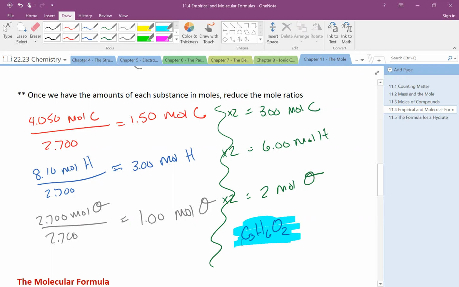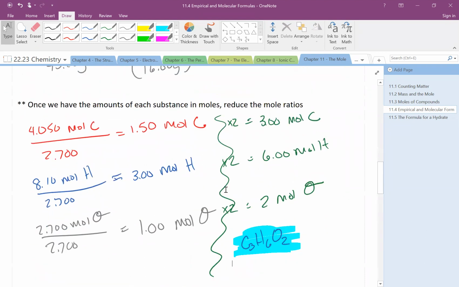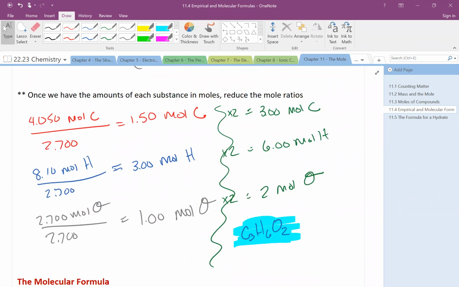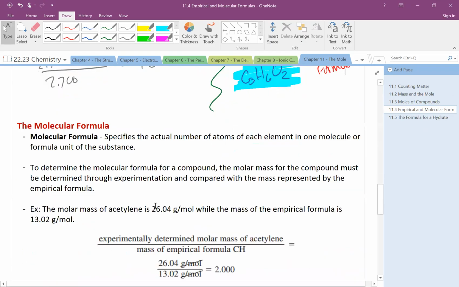That is the empirical formula of our methyl acetate, right? Yeah, methyl acetate. So there we go. Our empirical formula, C3H6O2. Awesome. So this is all good. We've calculated our empirical formula, or recall that is our most reduced chemical formula.